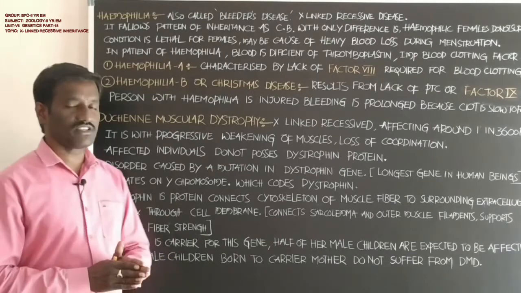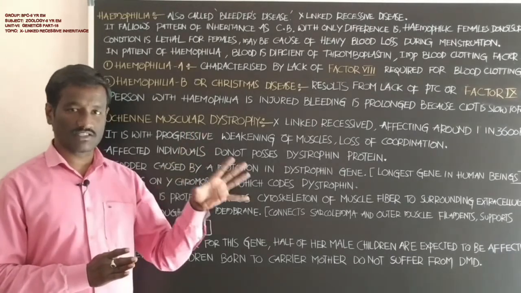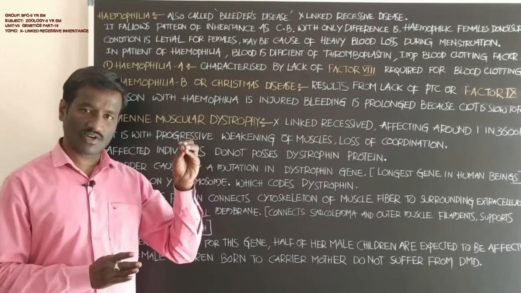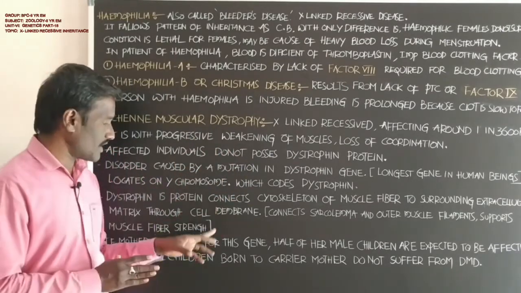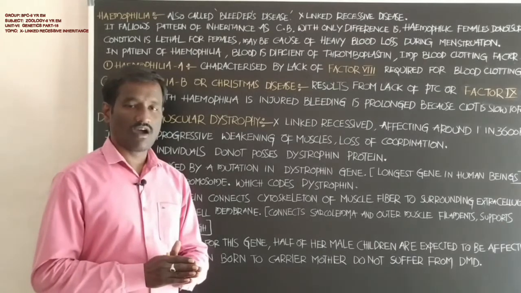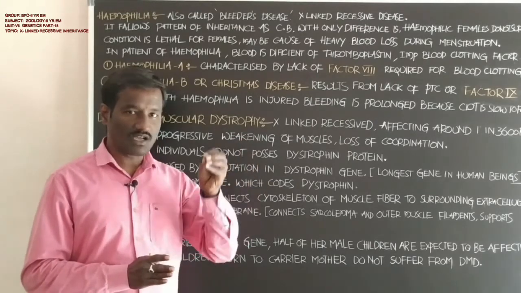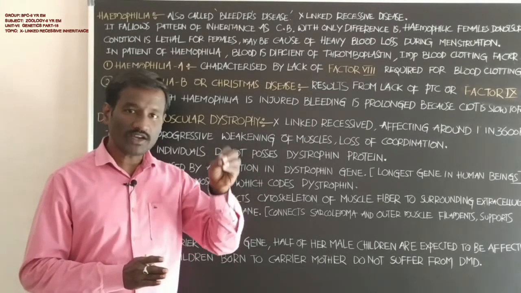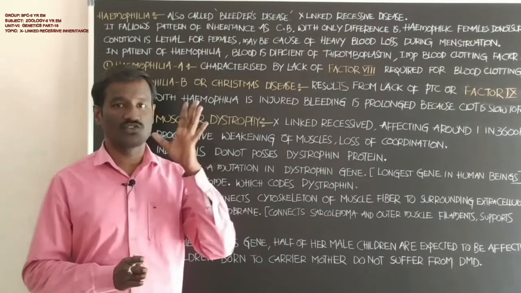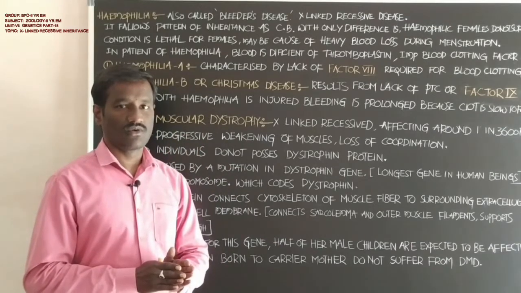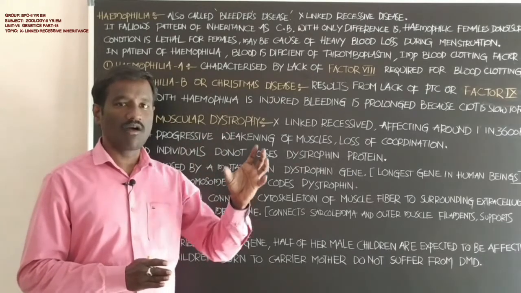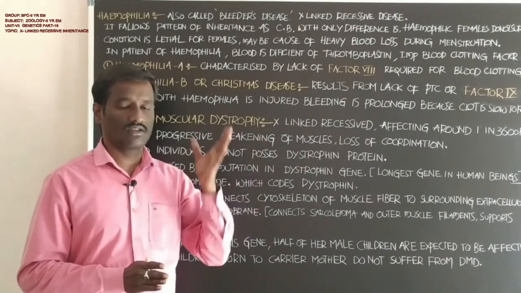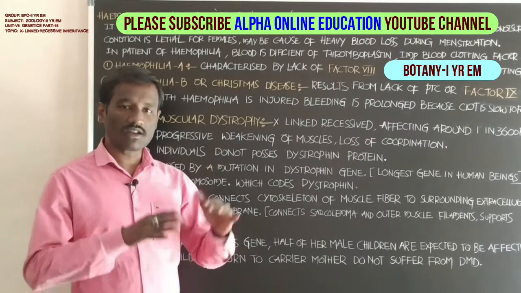Okay, if the mother is a carrier for this Duchenne muscular dystrophy gene, half of her sons are affected with the disease. The other half of the sons and all of the daughters are not affected.